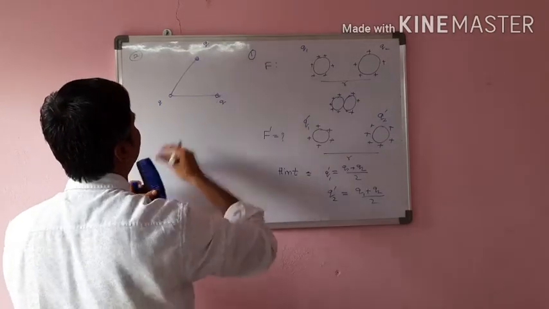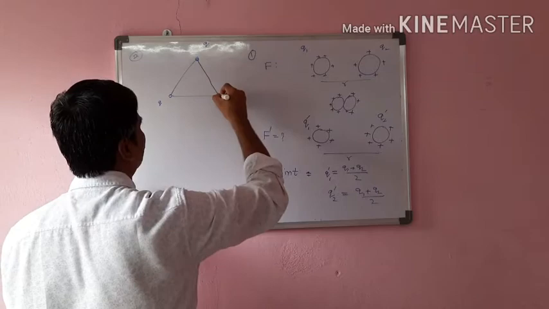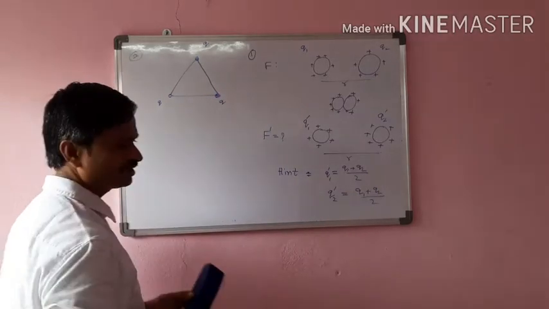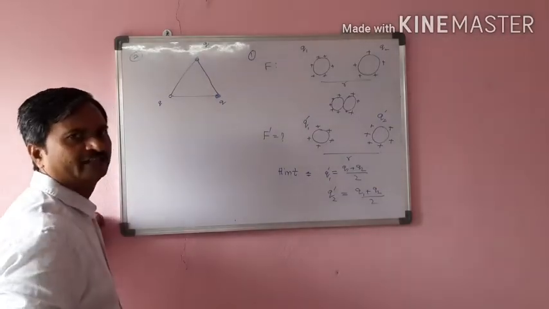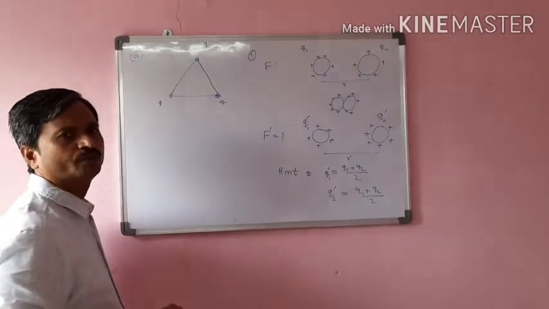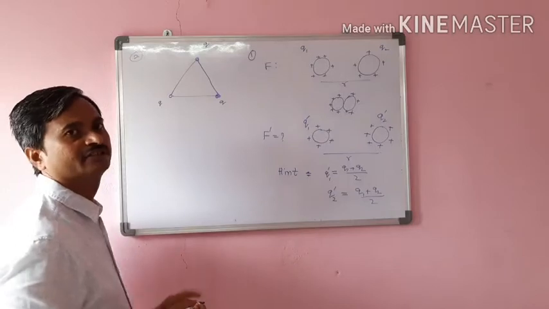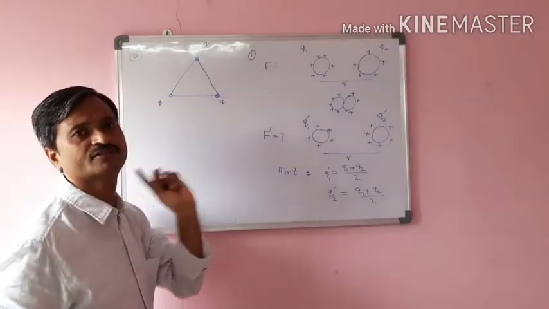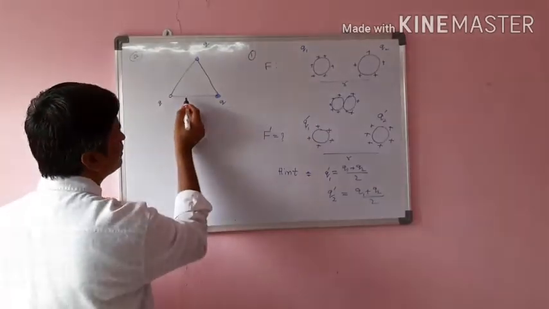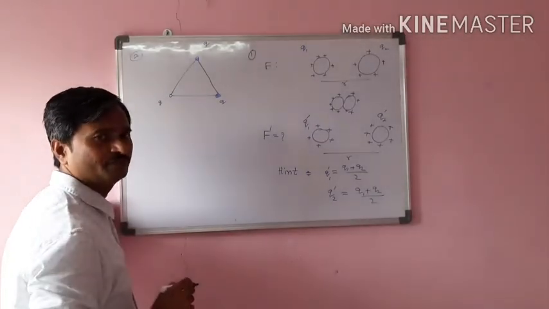Then what is the resultant force acting on one of these 3 charges? For example, what force acts on this charge? This is our question. See here how to solve this problem.